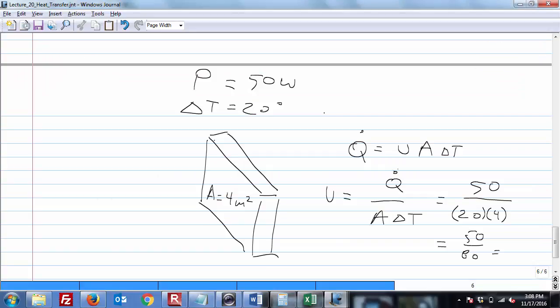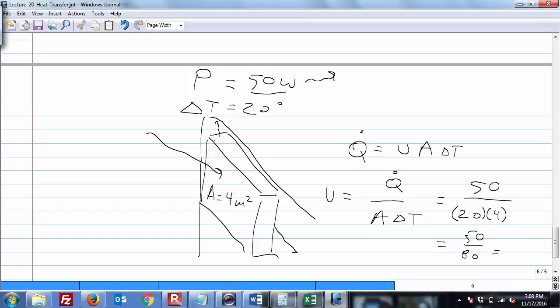So let's just run that. We know that 50 watts is leaving as heat. This system is sitting on the side of your house. Sun's hitting it. So it could be losing heat out the sides because it's not insulated.